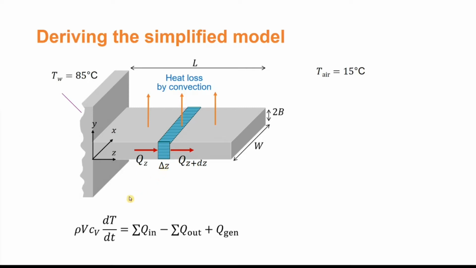Start as usual by writing the general energy balance equation. Accumulation term equal to the sum of all heat flows going into the control volume minus the sum of all heat flows going out of the control volume plus the generation term.